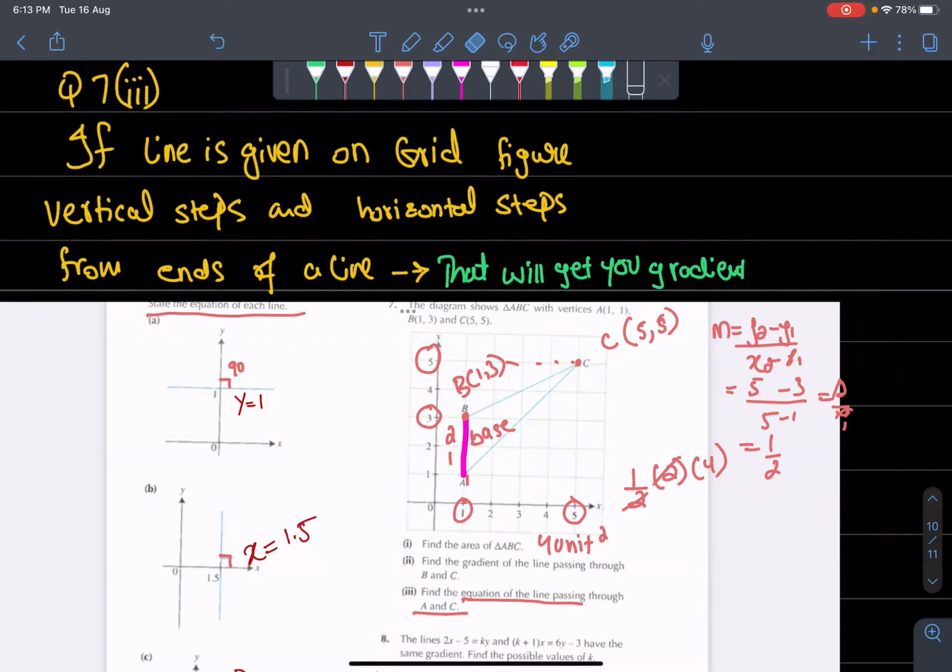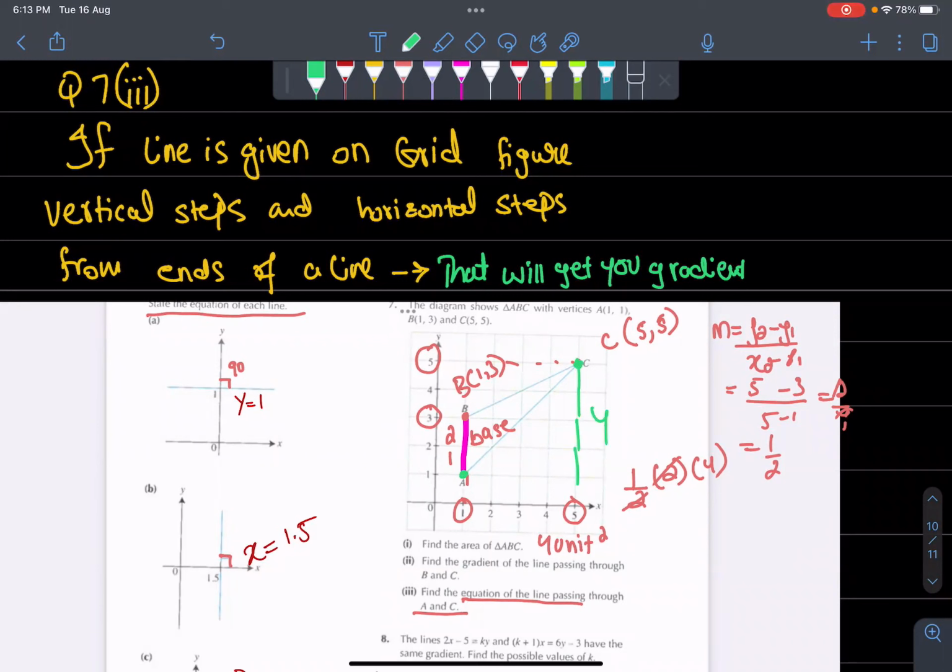Now whatever I just did, we need to work on it. Let's do what the statement says. Statement is saying find vertical steps and horizontal steps. But from where? From the ends of the line. So A and C, we are dealing with A and C. So this is one end, this is second end. The vertical steps: 1, 2, 3, 4. 4 vertical steps.